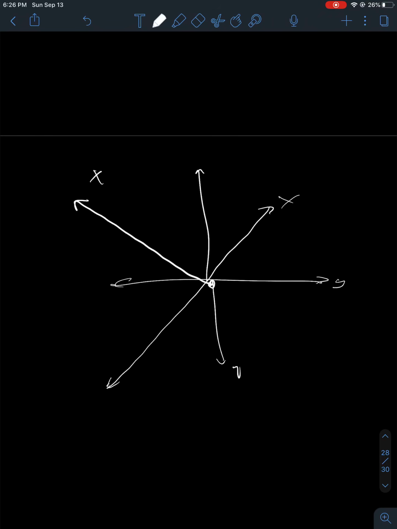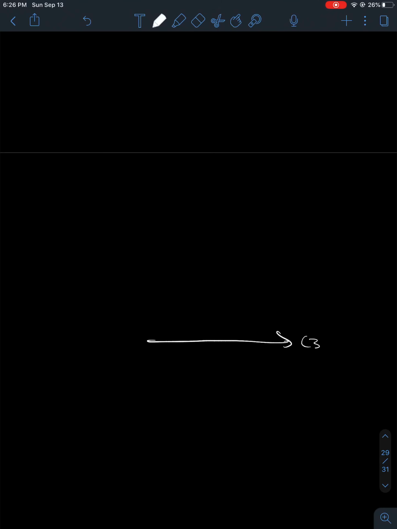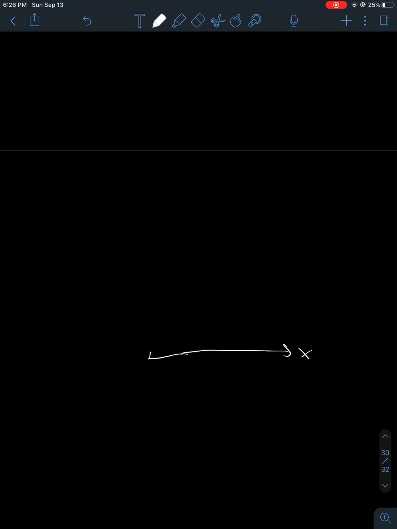So think of this arrow like pointing at you on your screen. That would be so cool if that could happen. But basically, space-time is just your 3 dimensions of space and then 1 dimension of time. Or if you want to be 1D-ish, you could just say that space-time is the x dimension plus the time dimension.